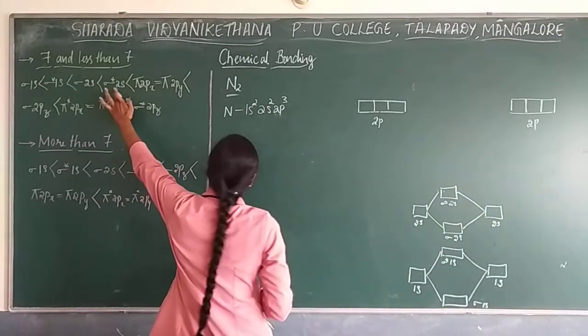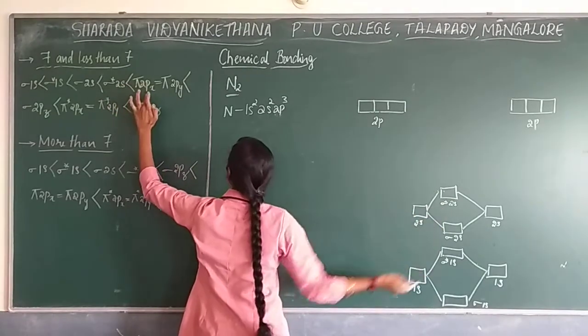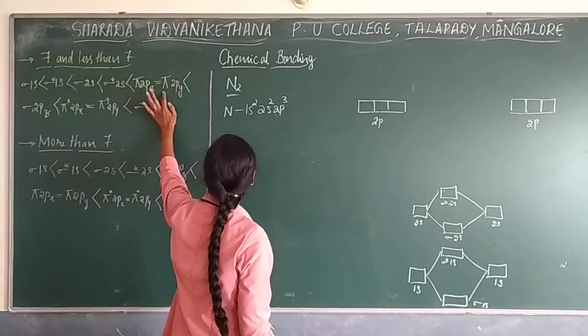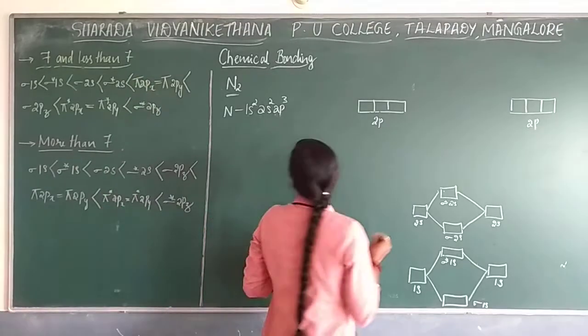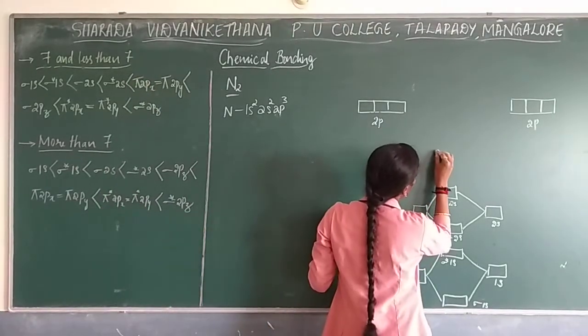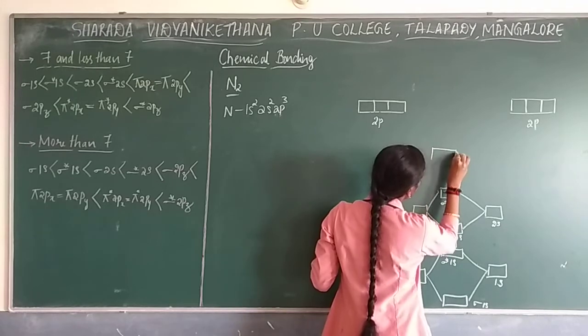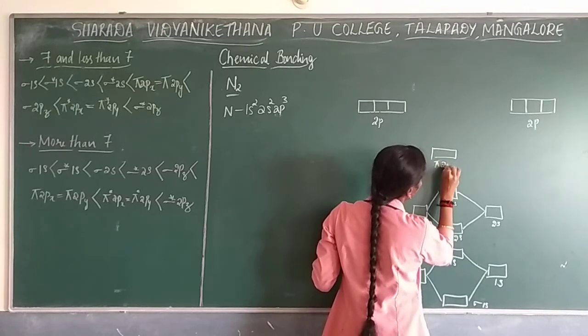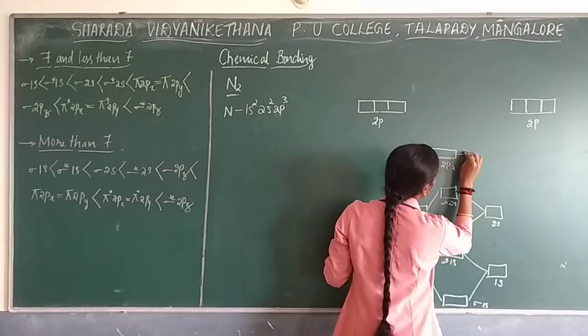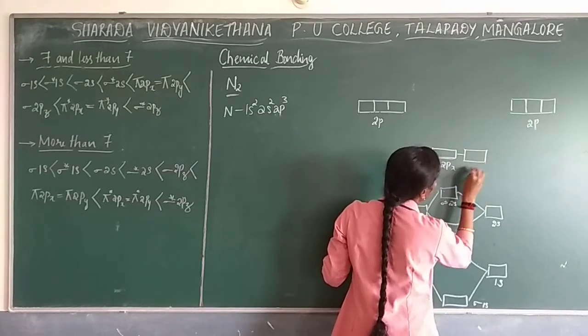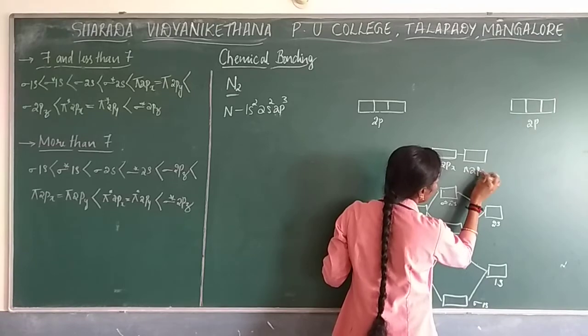As you finish sigma star 2s, what comes next? Pi 2px, which is equal to pi 2py. So this energy level will be the same, so when you are writing, they should be written together. This is for pi 2px, which is equal to pi 2py.